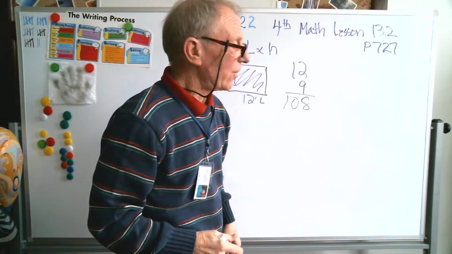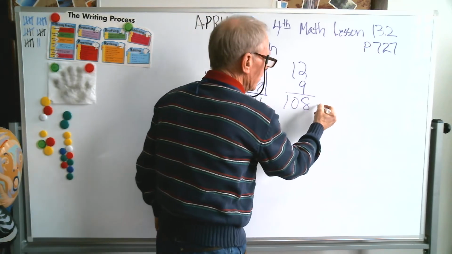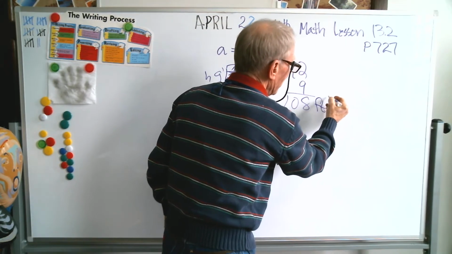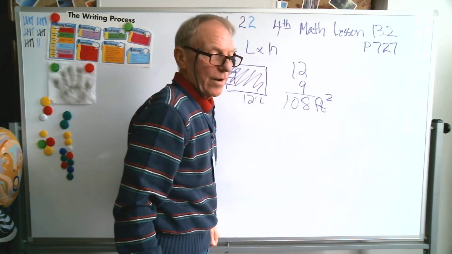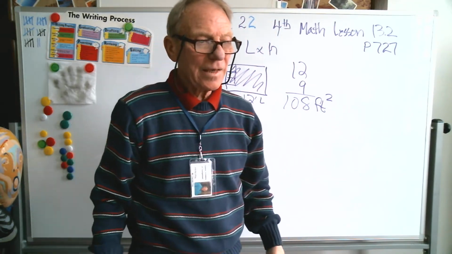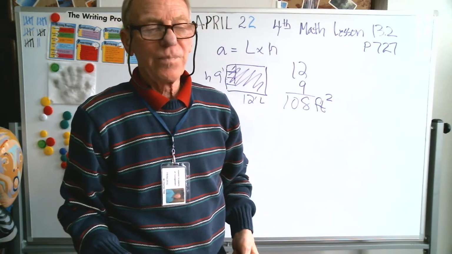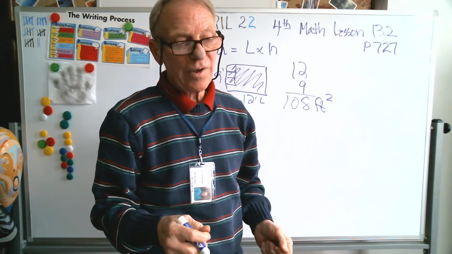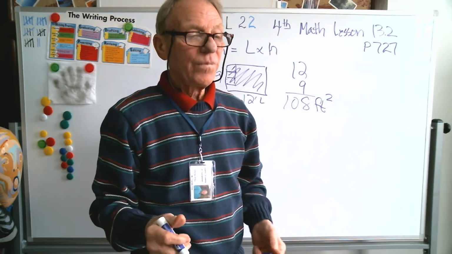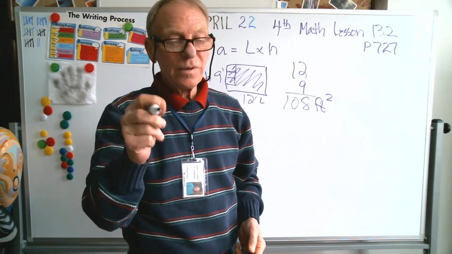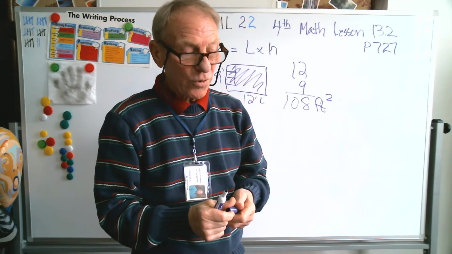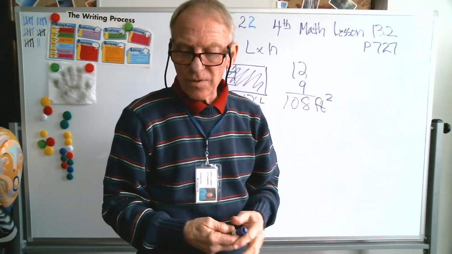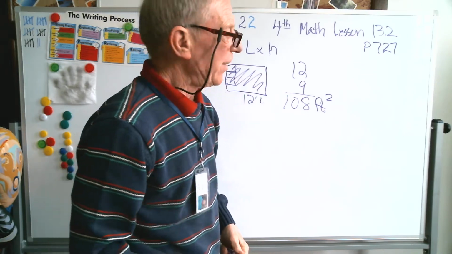So in your answer, it's 108, and in this case it's feet, and I put a little 2 up there indicating that it's square feet. You can either write square feet like SQ abbreviation and feet, or just put feet and put the exponent 2, and that means the same thing. It's feet squared.